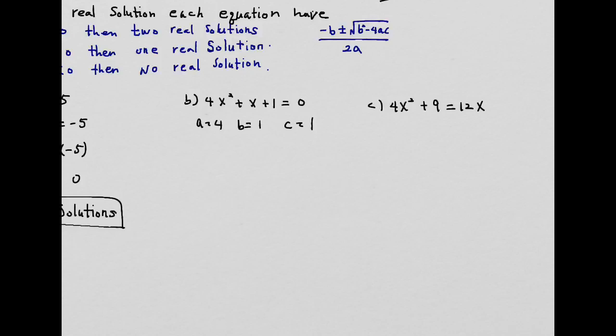You get 1 squared minus 4ac, 1 minus 16, which is going to be negative 15, and this is smaller than 0. So what happens if it's smaller than 0? A value smaller than 0 means no real solutions. You will have imaginary solutions, but it's not going to be a real solution.